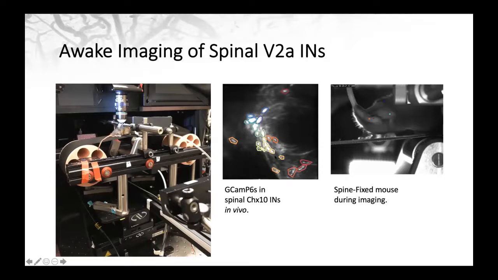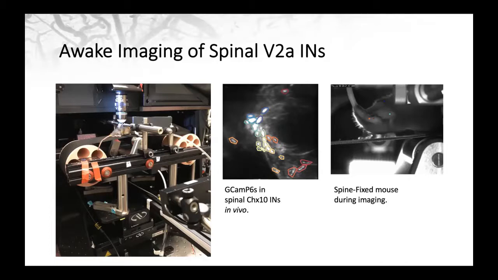All right, so let me just go back a little bit. There's a lot of work that went into generating the mouse line that has the GCaMP6s labeled into the CPG neurons for Chx10. So we currently use the Ai148 system.